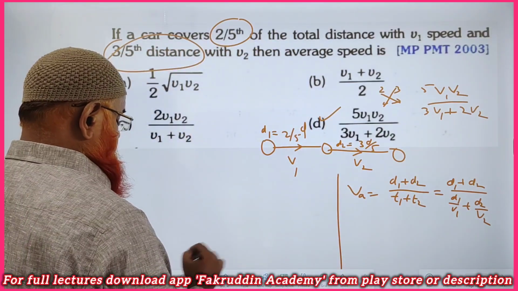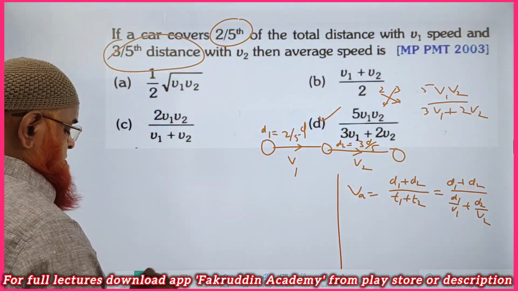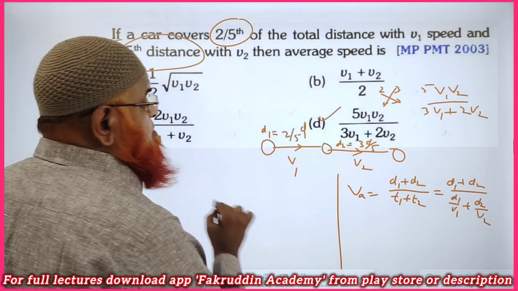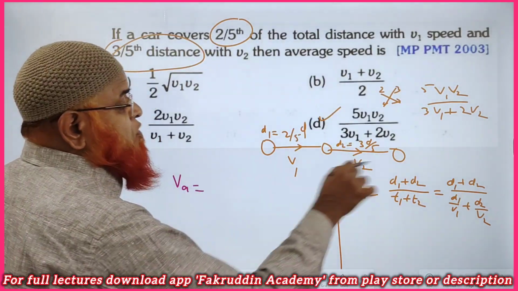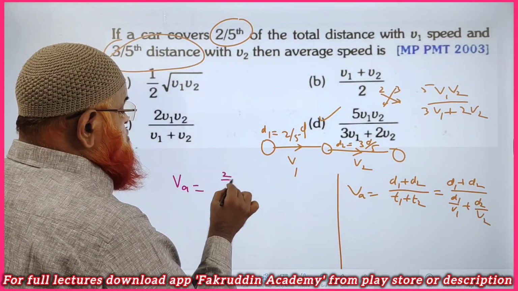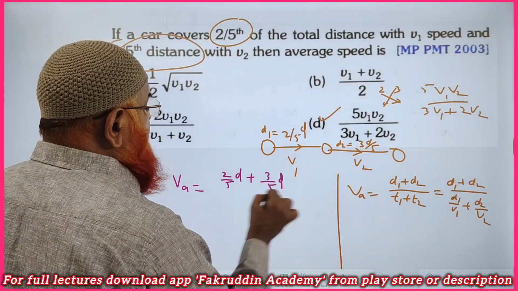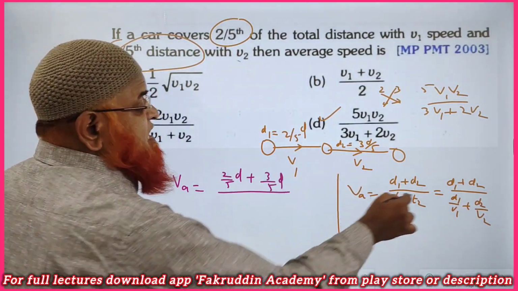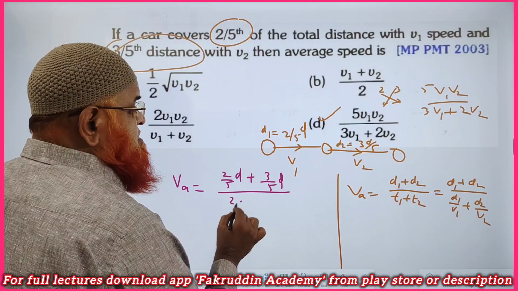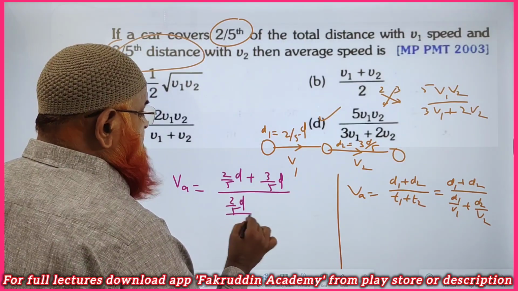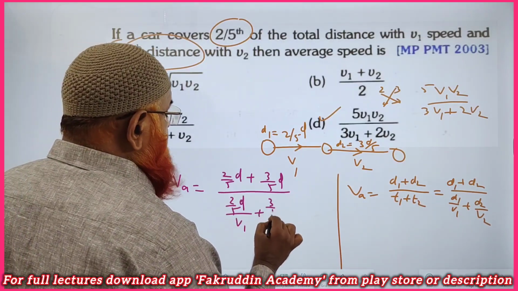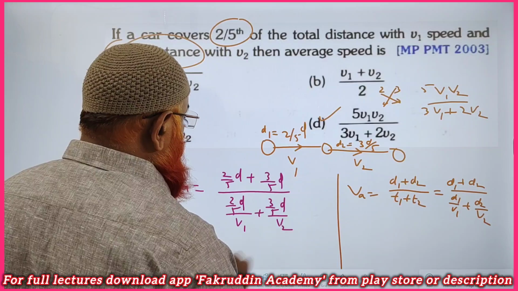Next, v average is equal to D1, which is 2 by 5 d, and d2, which is 3 by 5 d, divided by 2 by 5 d divided by v1 plus 3 by 5 d divided by v2 here.